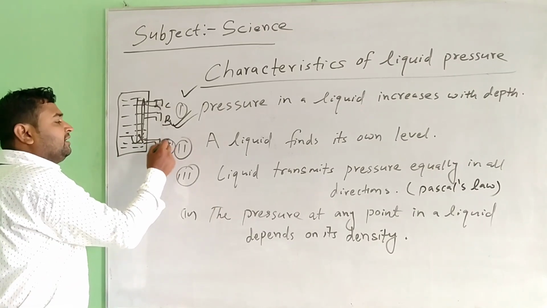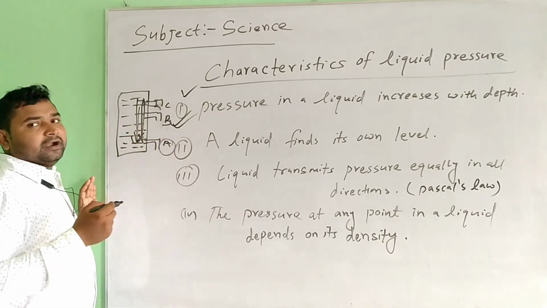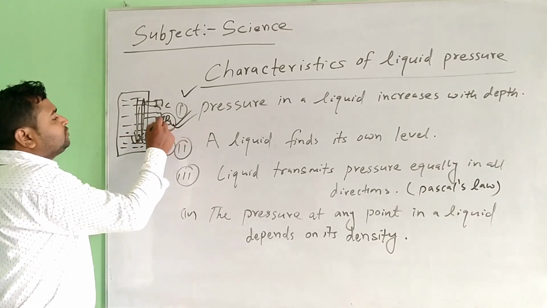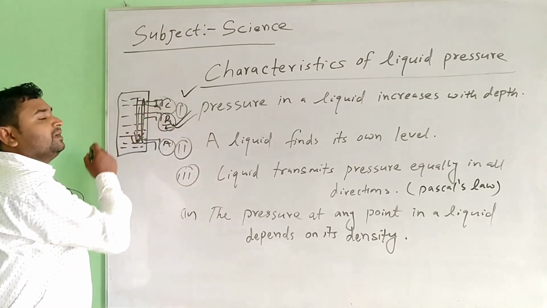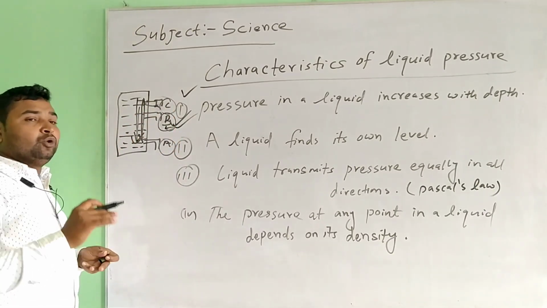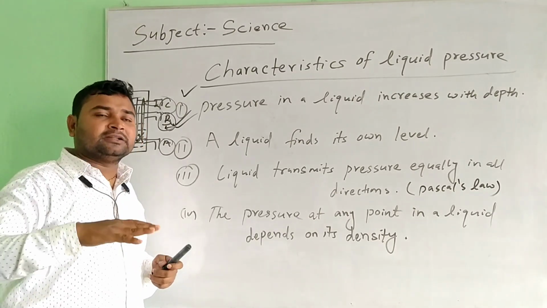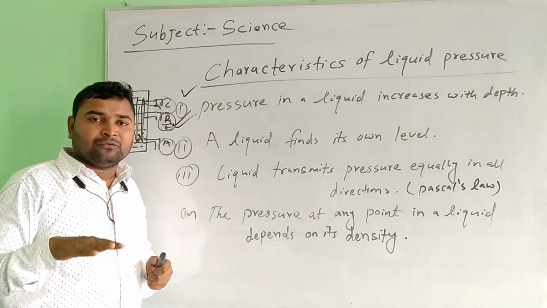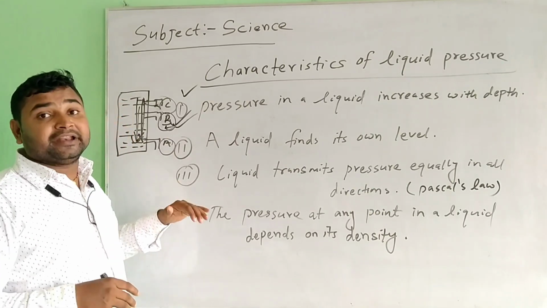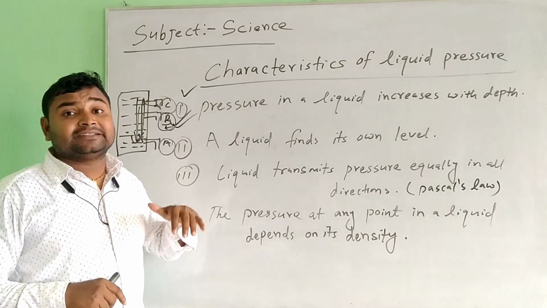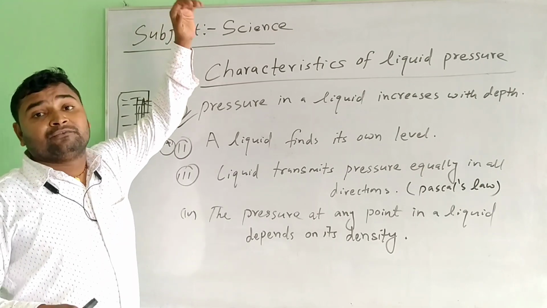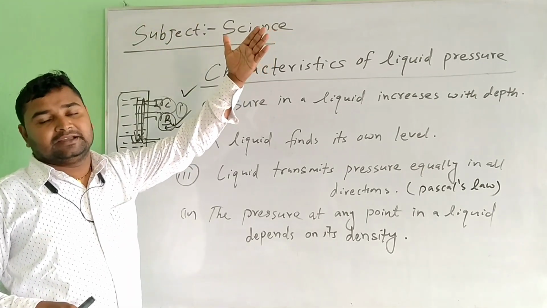So in tap A there is more pressure in comparison to tap B and tap C. Likewise, on the ground floor the flow of water from the tap is more compared to floors number 5 and 6.